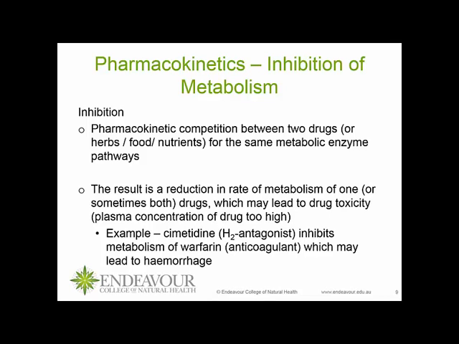Warfarin is a drug which is used as an anticoagulant. So a person who is taking cimetidine, an H2 antagonist, for treatment of gastric ulcers, and is also on warfarin, can have a potential drug interaction reaction. As the warfarin levels go up, that can lead to hemorrhage and sometimes even death.